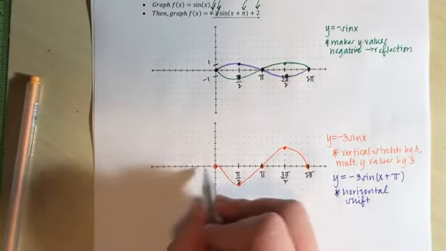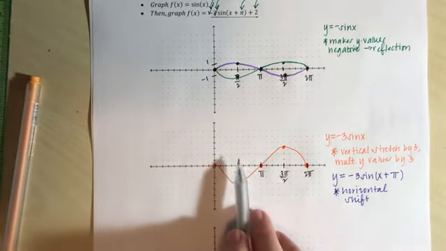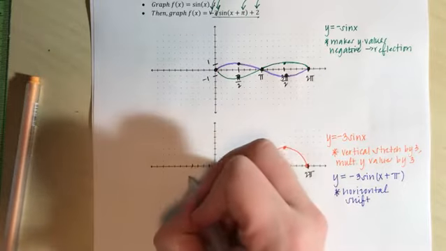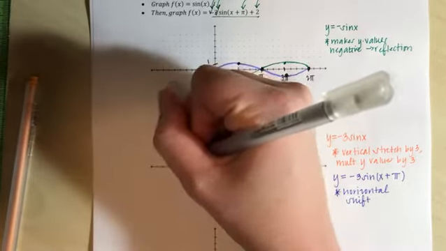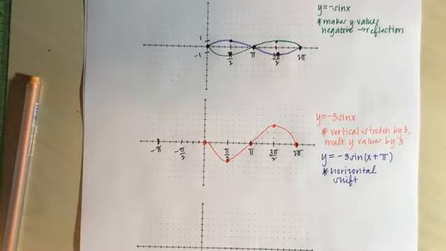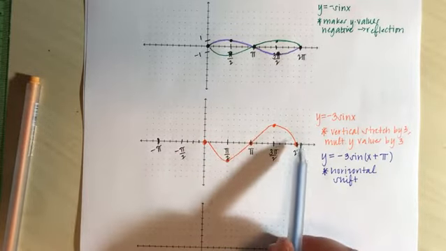So I recommend going ahead and rewriting some information over here on the left. If I've got 4 units to the right making pi over 2, then 1, 2, 3, 4 units to the left will be negative pi over 2, and then 1, 2, 3, 4 more, that will be negative pi.